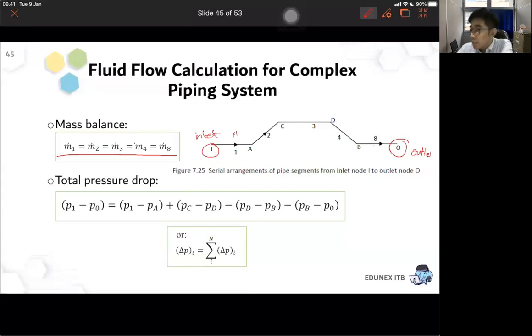Okay, the next principle will be the total pressure drop from inlet point I to outlet point O. The total pressure drop will be this one, right? Pi minus Po will be the total pressure drop, the sum of pressure drop of each segment.